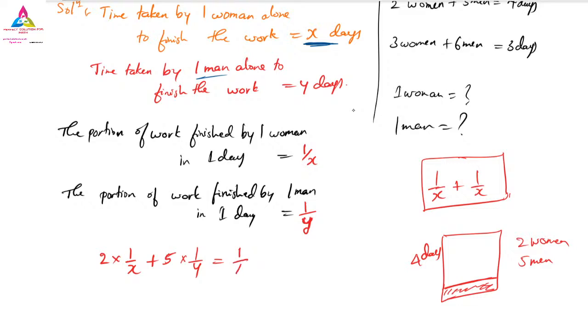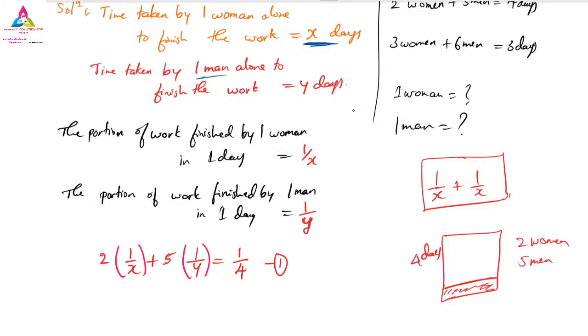So the answer will be 1 by 4. This is the first equation: 2 into 1 by x plus 5 into 1 by y is equal to 1 by 4. This is very important. If you understood this, you can move further. This is our equation number 1.